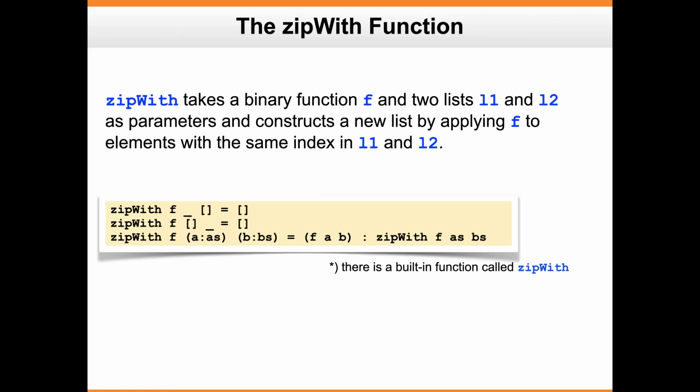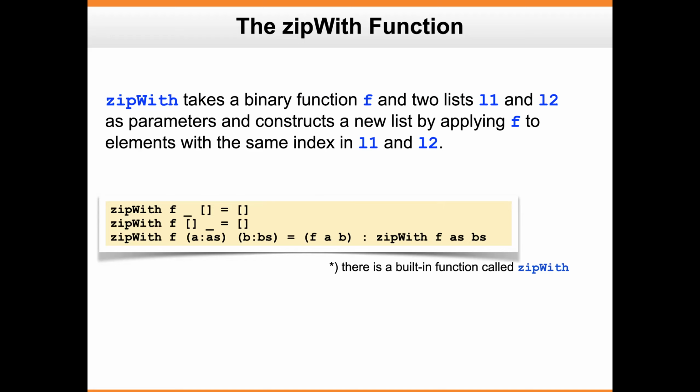It expects f, another function, as a parameter. So how does zip with work? If I have any F and the second list is empty, or any of the input lists is empty, these are the first two pattern matching cases, I know that the result is the empty list.